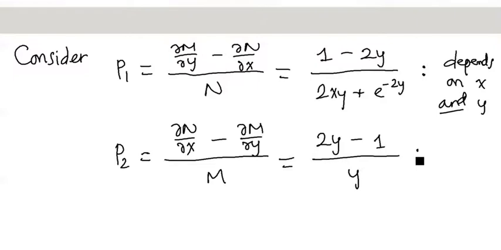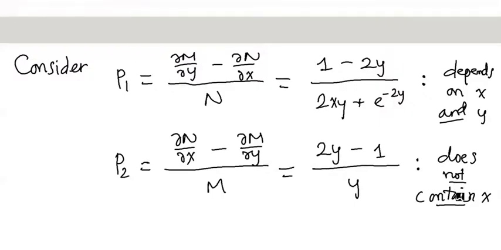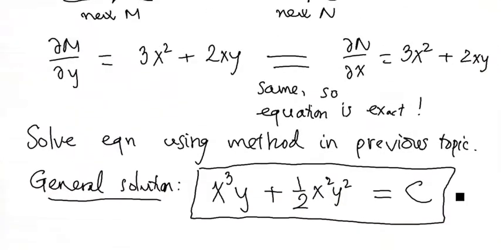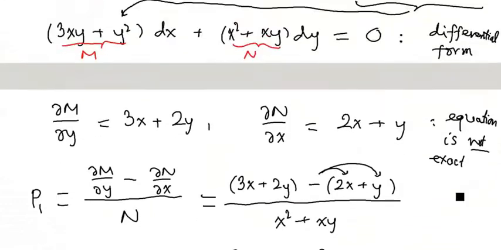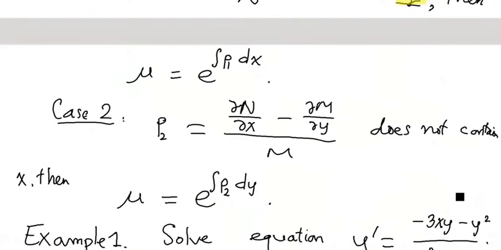So it's good because it does not contain x. That is case 2. If you look back, in case 2, we look at the ratio P2, and if it does not contain x, then the integrating factor is like this. But if it does contain x and y as well, then we won't be able to find an integrating factor.